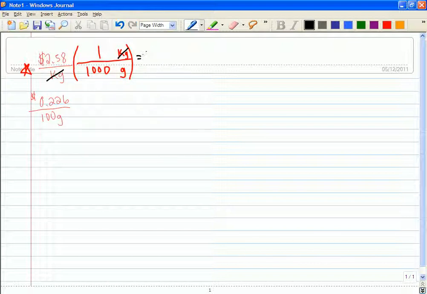Okay, can we compare these? One costs 22 cents, the other one costs 0.2 cents. Does that make sense?